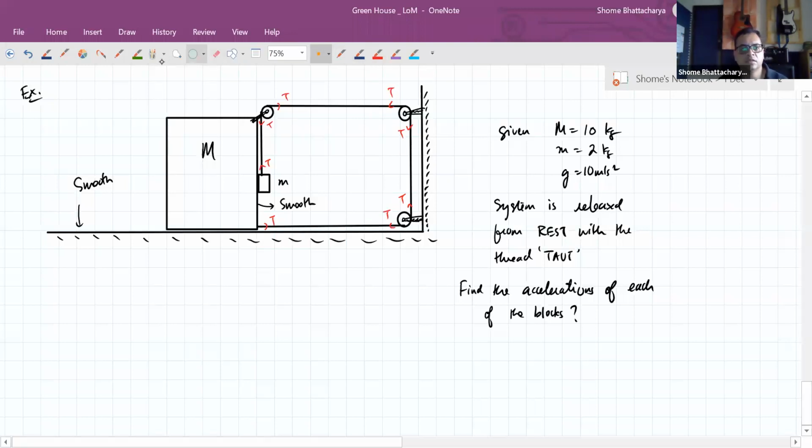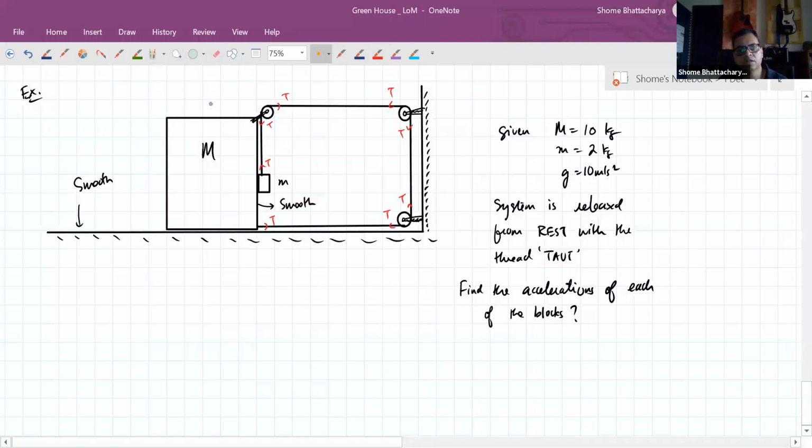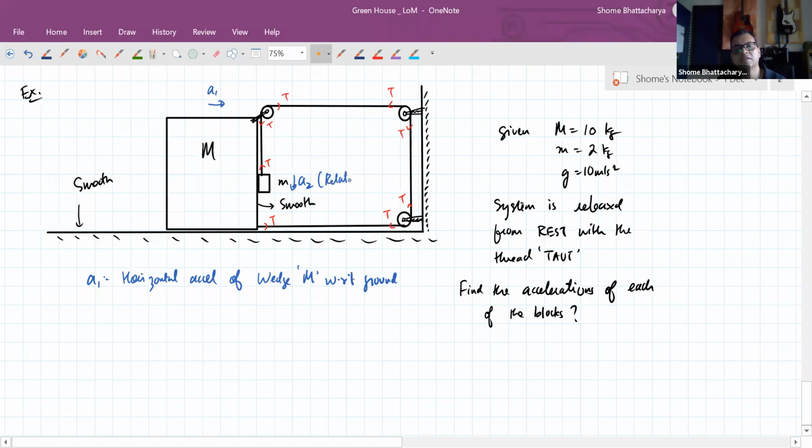So now you'll see that in the ground frame, if this block has a horizontal acceleration of a1, okay, so a1 is the horizontal acceleration of the wedge capital M with respect to ground, and this one has an acceleration a2, but this is relative to the wedge.